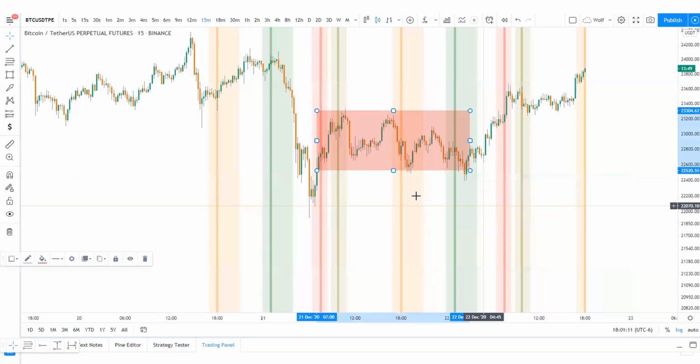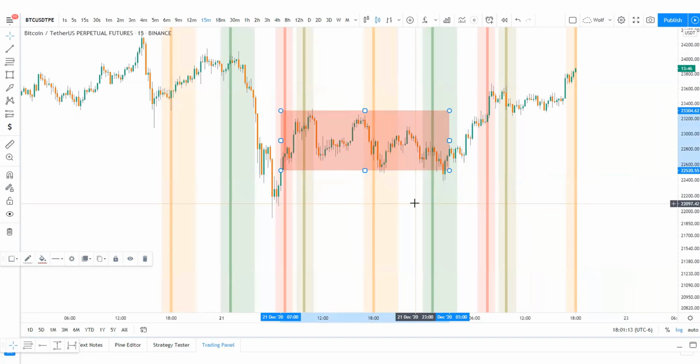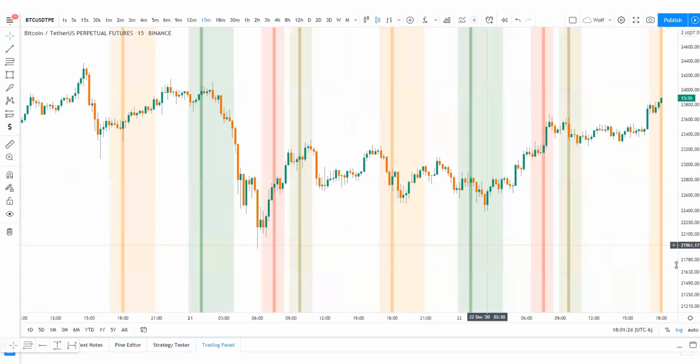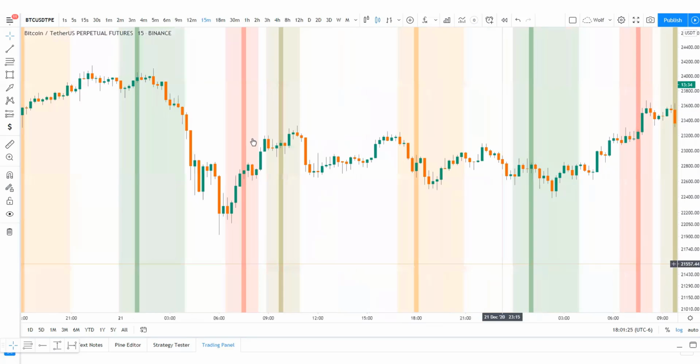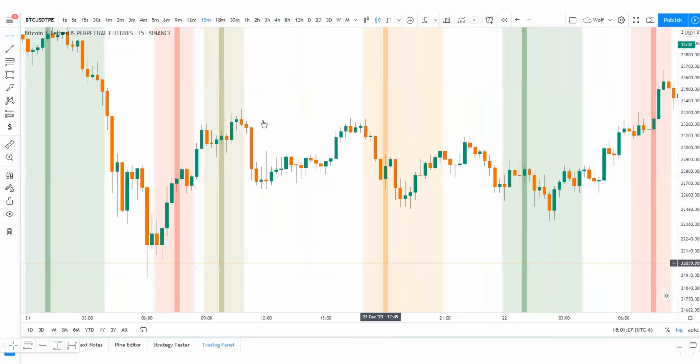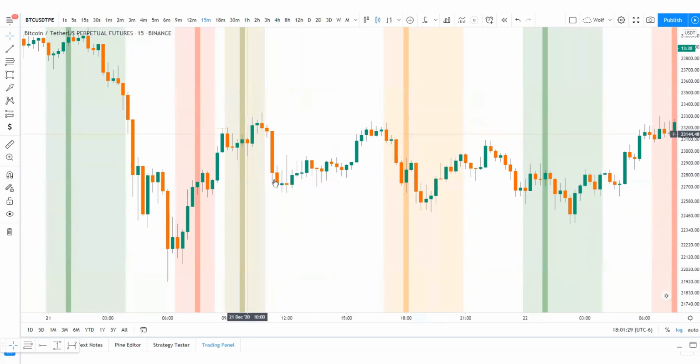A lot of times the kill zones set each other up for the price action in the next kill zone. For example, well, this is not necessarily the example here, but see how price trades up, it comes down, and then it sets itself up for this Asia kill zone.